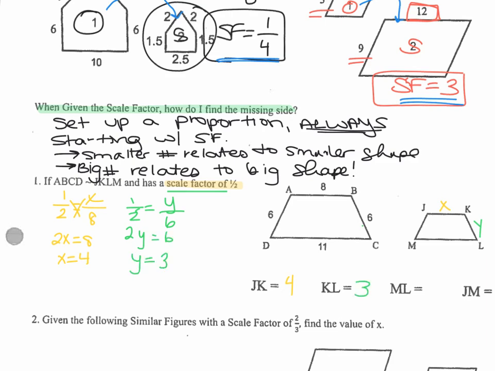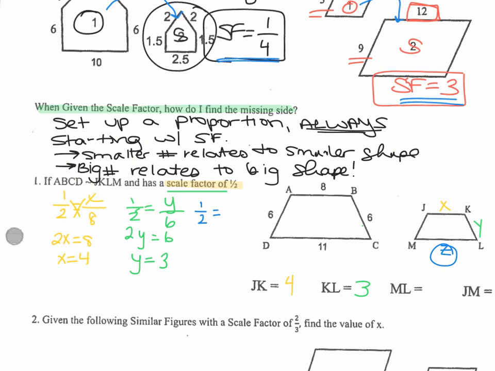Now I'm aware there are some of you that are saying, well, I don't need to do the scale factor or set up this proportion because I can just do it in my head. And that's awesome. However, they're not always going to be nice that way, which is why I'm doing it this way. If I look at ML, I'm going to call it Z. So I start with the same scale factor, 1/2 equals, now look at Z. Is Z on the small shape or the big shape?